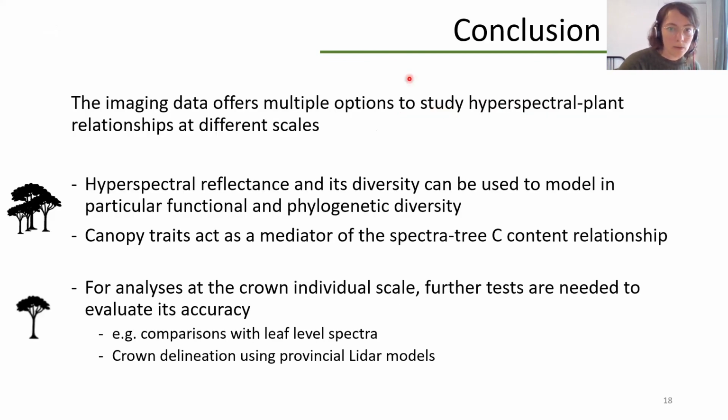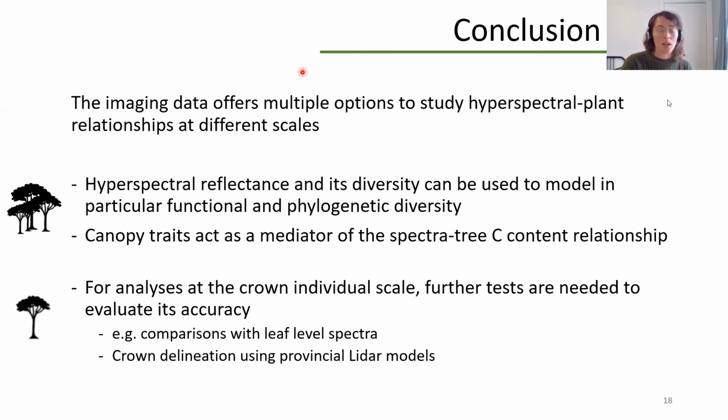And I conclude that in total, there are multiple possibilities to use hyperspectral imaging data at forested sites. At the plot level, we found that hyperspectral reflectance and its diversity is more related to functional and phylogenetic diversity. And we've also found that canopy traits act as a mediator in the relationship between spectral reflectance and tree carbon content.